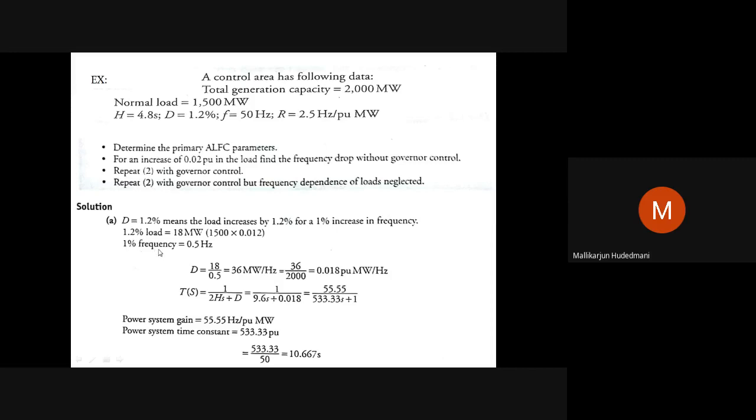1% of frequency refers to 0.5 hertz because of 50 hertz. Then I take a ratio, change in load over change in frequency. This is 1.2% for every 1%. It becomes 18 divided by 0.5. When that D of 1.2 gets configured as 18 divided by 0.5, it becomes a megawatt per hertz representation.